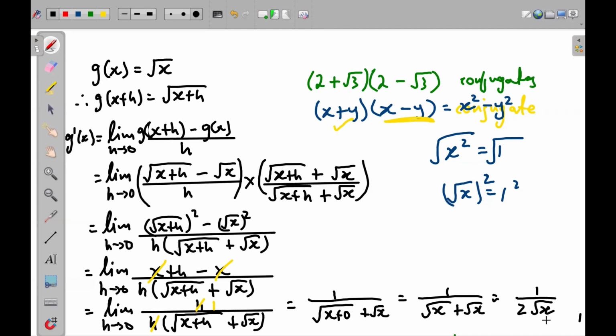Very, very key. Right. So we've done different examples as far as first principles is concerned. And I think it is important that we will consider some rules of differentiation and notation. When we have done that, then you will see how things advance.